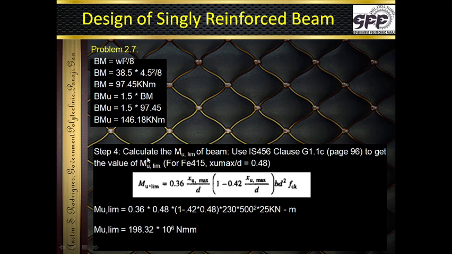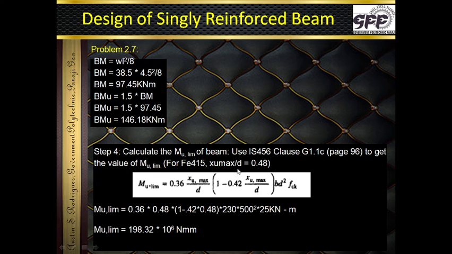In step number 4, calculate the MU limiting of the beam, that is use IS 456 clause G1.1c page 96 to get the value of MU limiting. Now for Fe415, XU max by D is known to be 0.48. This we have already seen from page number 70 of the code, that is clause 38.1.